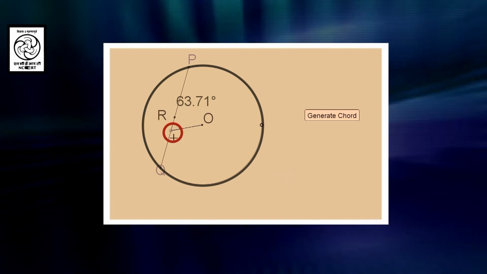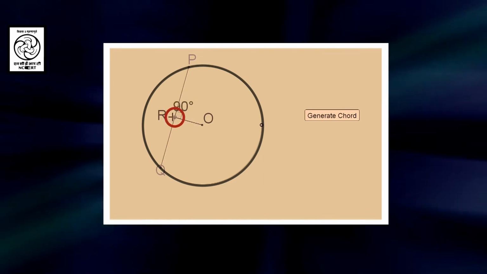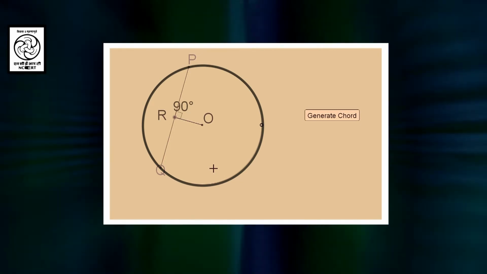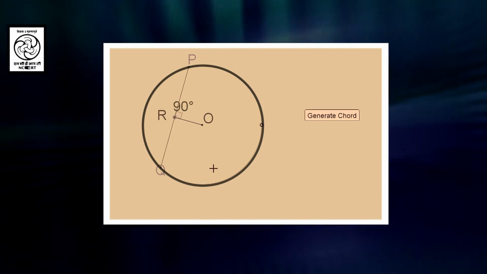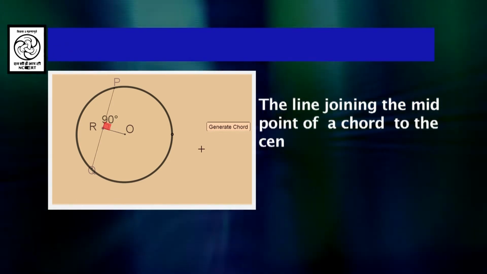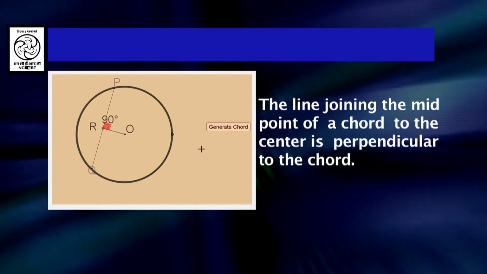Let us see what happens when we take this point towards R. So, as soon as it reaches the midpoint, the angle between the line and the chord becomes 90 degrees. Hence, we can say that the line joining the midpoint of the chord to the center is perpendicular to the chord. So, let us prove it.